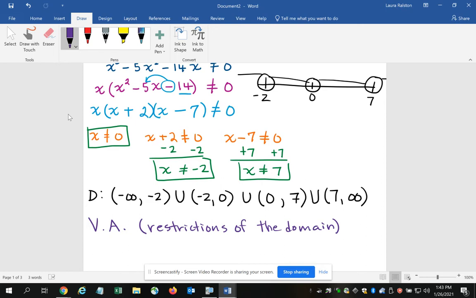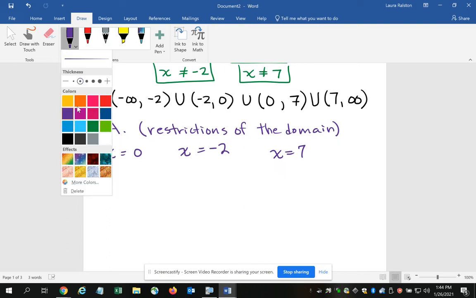So I have a vertical asymptote at 0, at -2, and at 7, and they're vertical lines, so they're written in a vertical line format, which is always x equal to the number. So you really are doing two things at once when you set your denominator equal to 0. You're finding the restrictions on the domain, but at the same time, those restrictions become your vertical asymptotes.